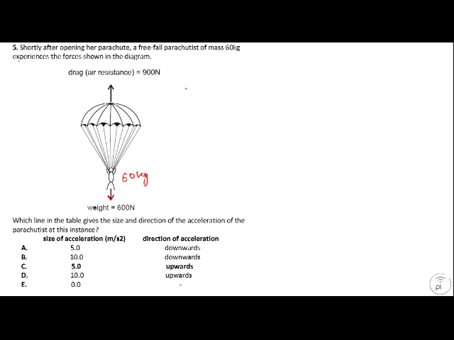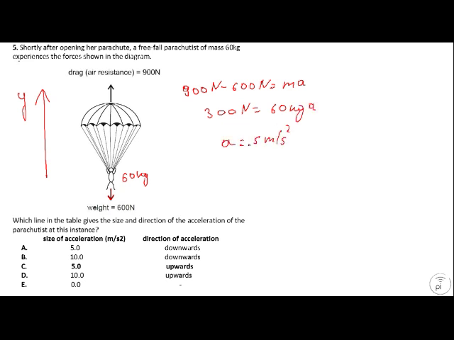Writing the second law of Newton, it will be 900 newtons minus 600 newtons equal to ma. This direction we will take as positive, so it will be 300 newtons. M is 60 kilograms. A will be 5 meters per second squared. It is positive, then it will have this direction. So it's upwards and 5 meters per second squared.